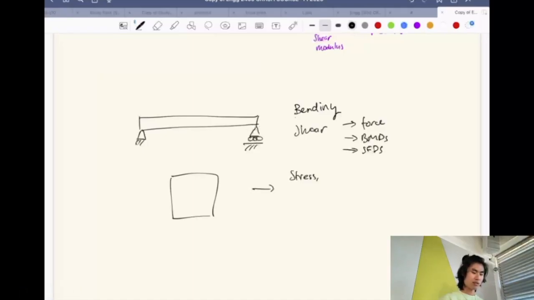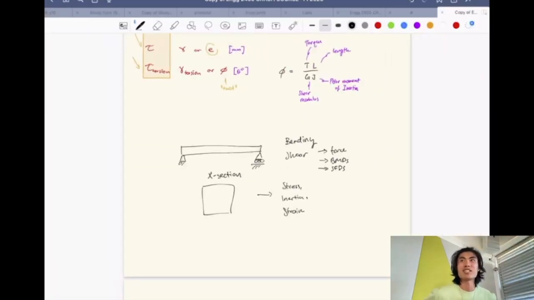Then stress, inertia, and strain will be more on your cross-section. I think there's a lot more emphasis on the cross-section later on, and it is cooler, in my opinion. That's kind of what you can expect.